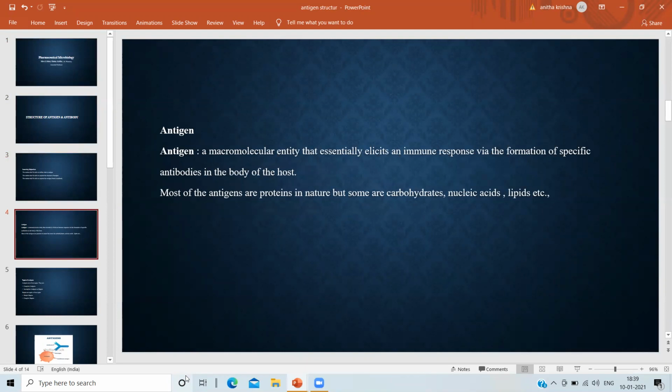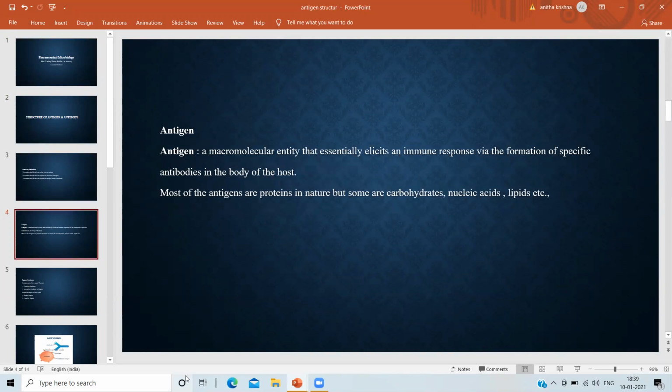Now, coming to your main topic, antigen. As we have already learned in our previous class, we have already seen the definition part. Let us refresh it once again. What is an antigen? It is a macromolecular entity that elicits or stimulates an immune response by production of specific antibodies in the body of the host.